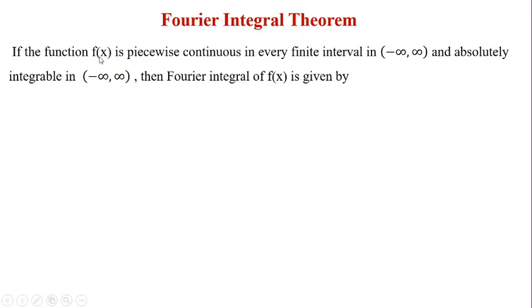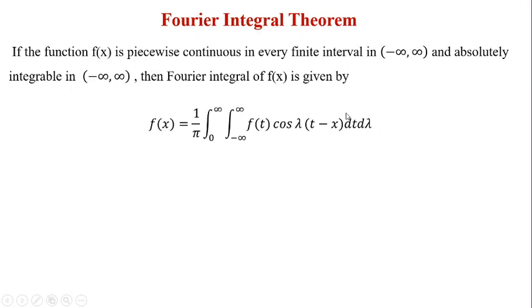If f of x is piecewise continuous in every finite interval of the extended interval and is absolutely integrable, then the Fourier integral of f of x is given by f of x is equal to 1 by pi integral from 0 to infinity, integral from minus infinity to infinity of f of t into cos of lambda into (t minus x), integration with respect to t, then integration with respect to the parameter.